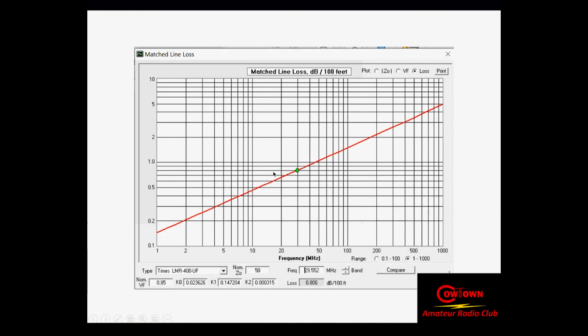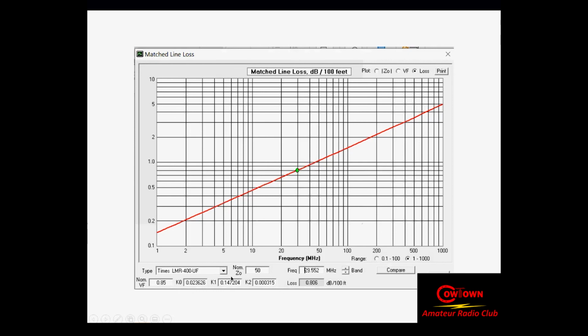And you'll notice here that at 100 megahertz, it's 1.5 dB per 100 feet of loss. That's a good bit. At 30 megahertz, it's approximately 0.8 dB of loss per 100 feet. So the losses are a lot higher.